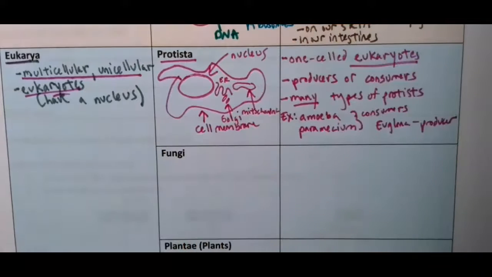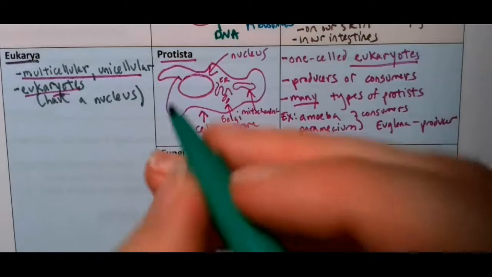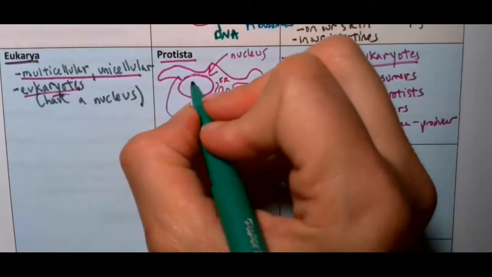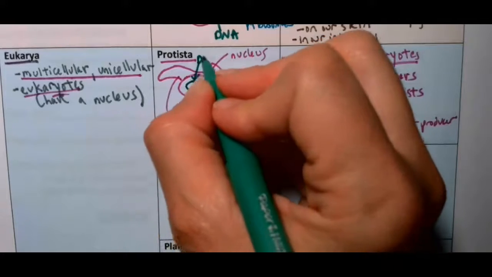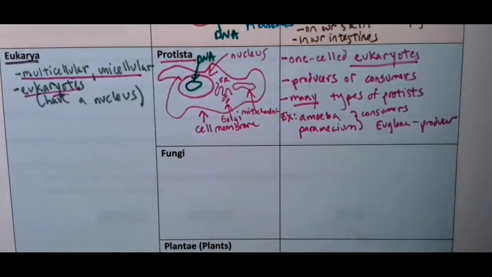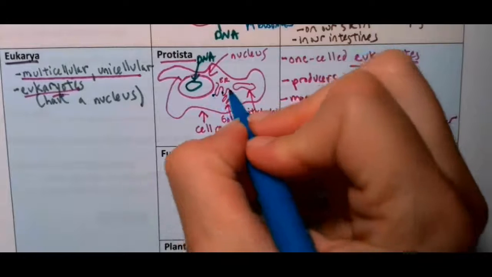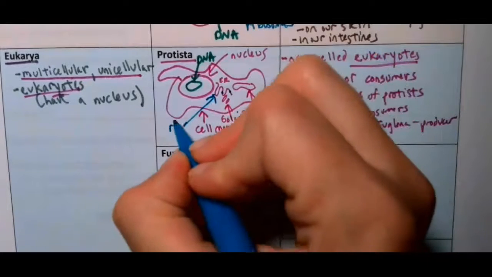So it has all these organelles, even though it's only one cell, unlike the eubacteria. Inside the nucleus it has DNA, and it still has ribosomes that we use to make proteins.